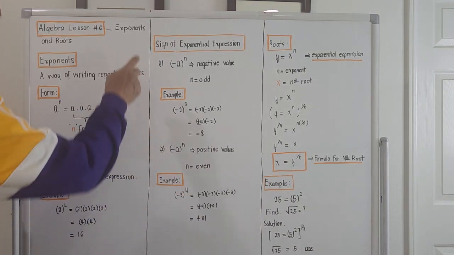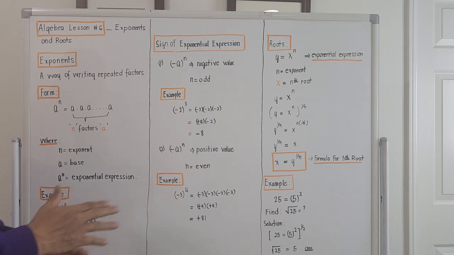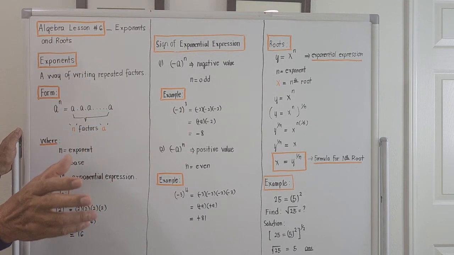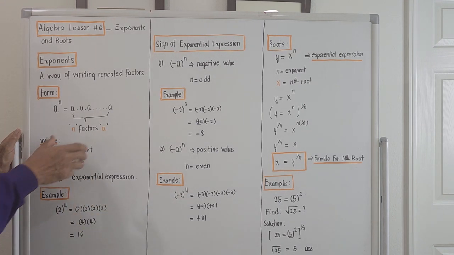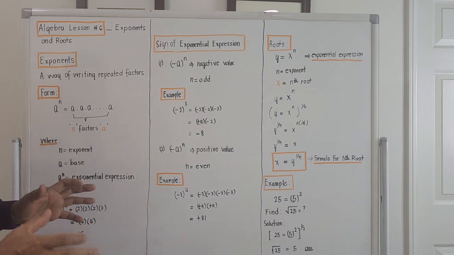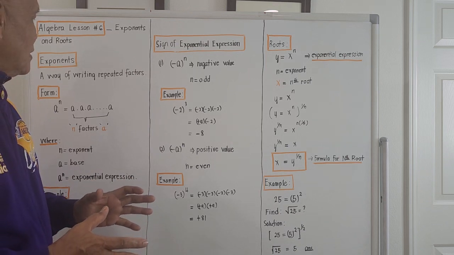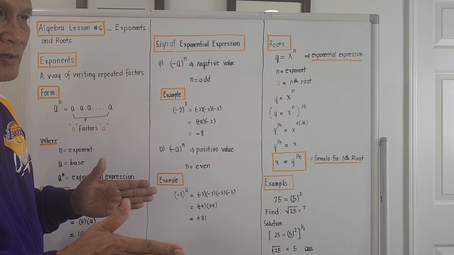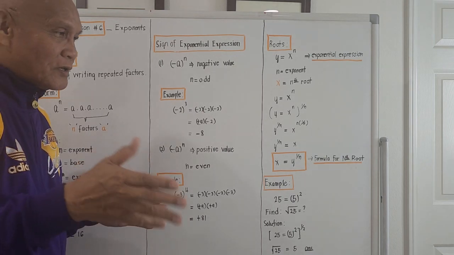Don't be afraid of exponents and roots. They are just the reverse of each other. If we try to define what an exponent is, it is a way of writing repeated factors. If we express a number as a product of similar factors, it falls under exponent.